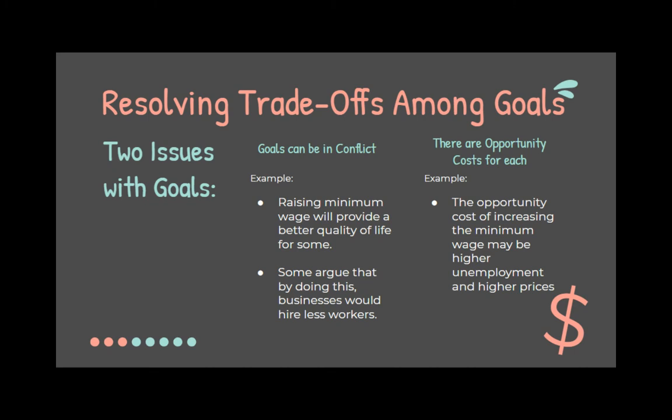But some say that if you raise that minimum wage, then businesses wouldn't be able to hire as many people because they have to pay their people more. So that's a trade-off. An opportunity cost would be minimum wage is higher, but unemployment is higher. So trade-offs and opportunity costs are very, very similar. If you can understand that concept, you're in good shape.